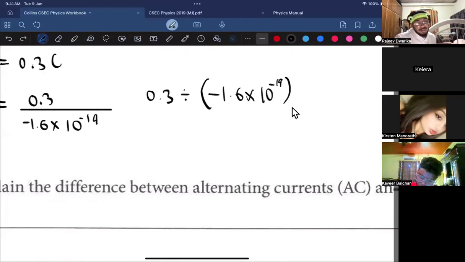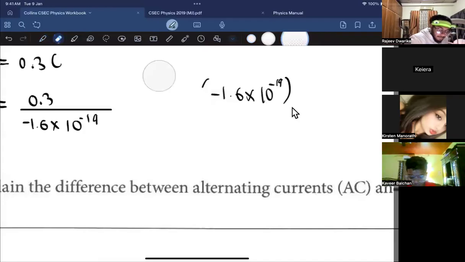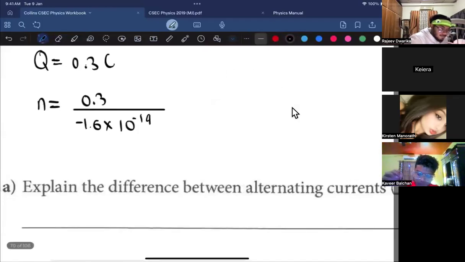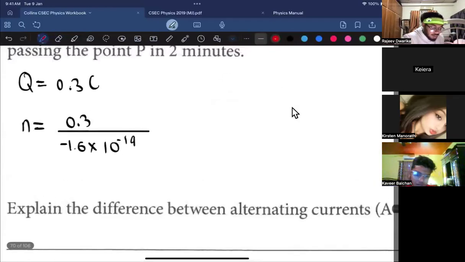I feel like you're not putting any brackets. Oh yeah, I get it. Right? So what's the answer you got? Minus 1.875 by 10 to the power 18. Right?